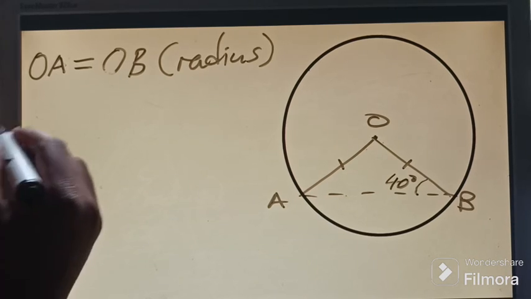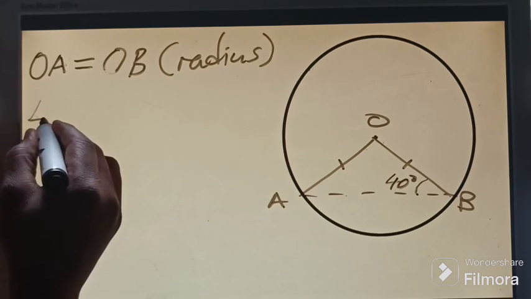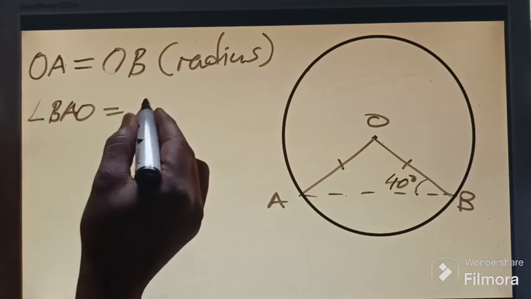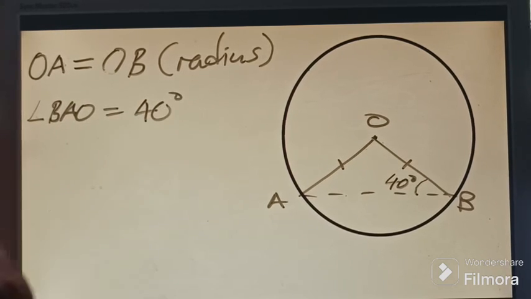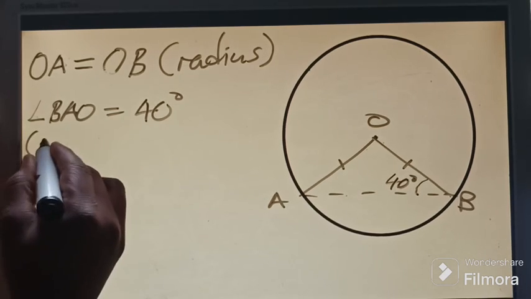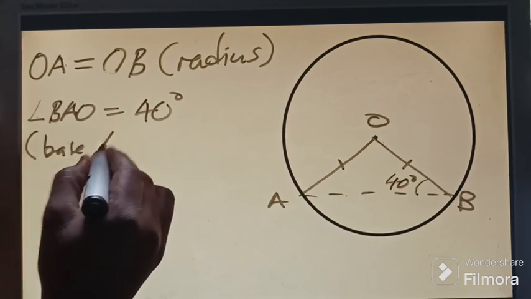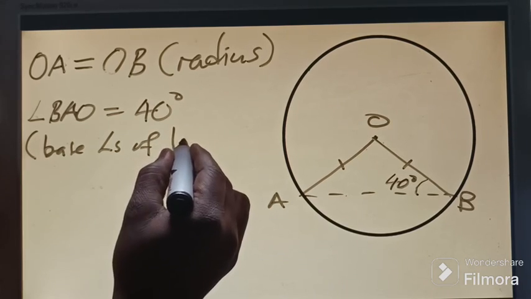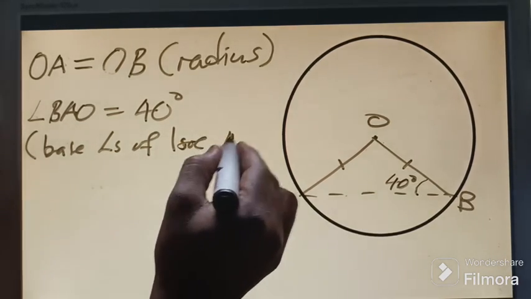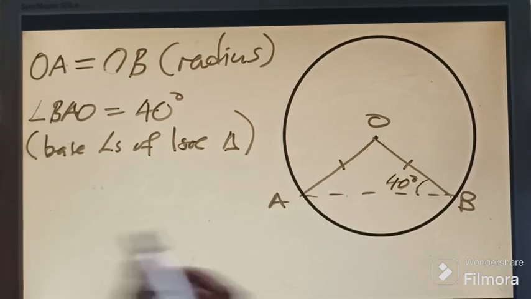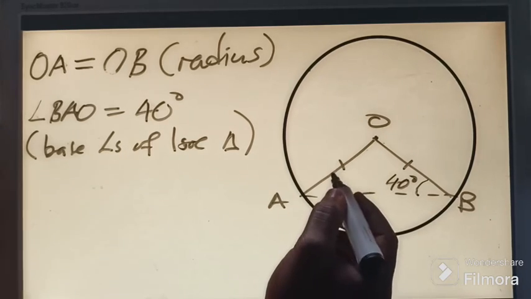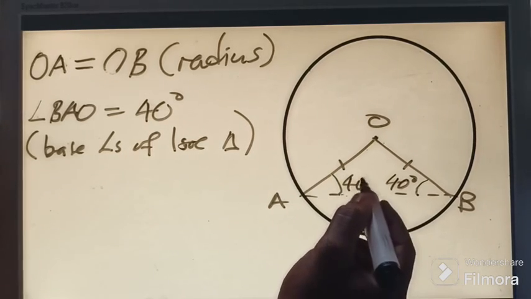Angle BAO is also equal to 40. Reason: base angles of an isosceles triangle, triangle AOB.